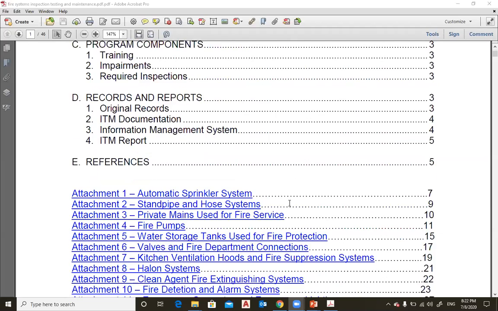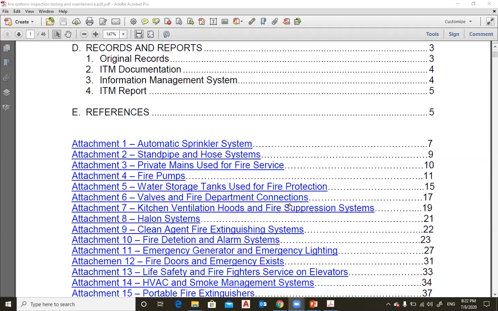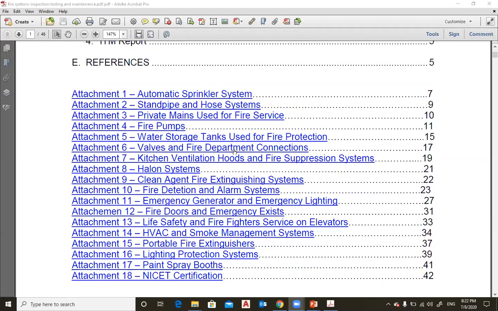As you see here, this has some attachments. Focus on this attachment. If you go to A1, you find the summary for each regular testing or inspection. I see this formatting as easier than the NFPA.